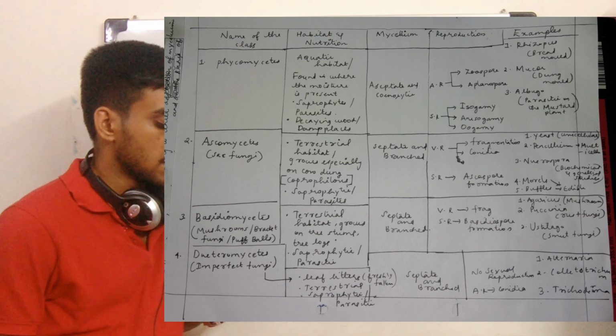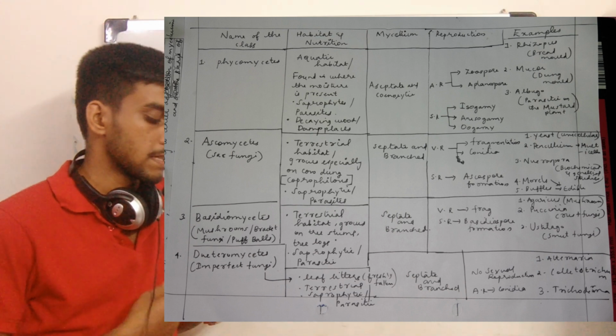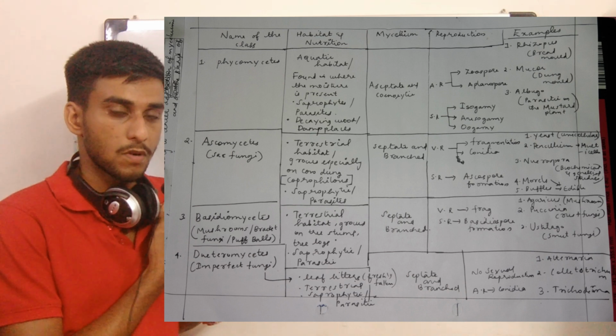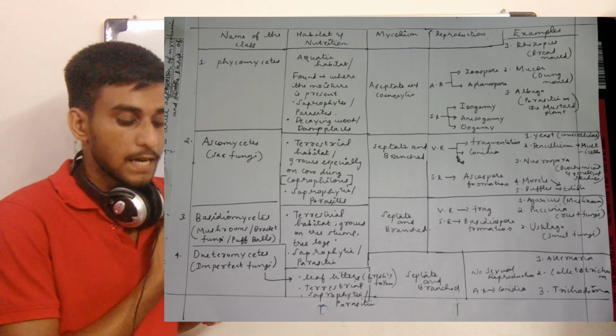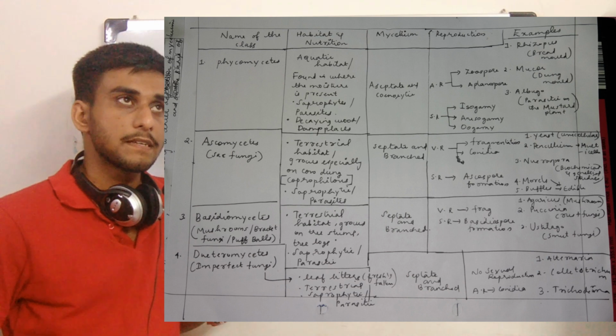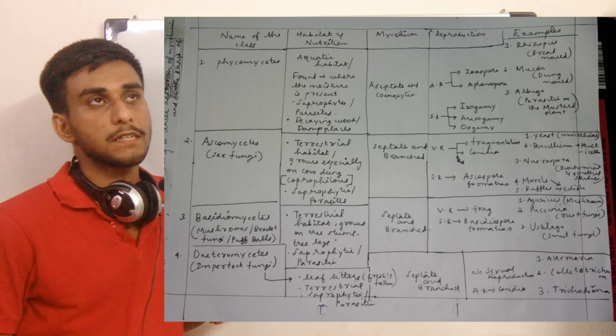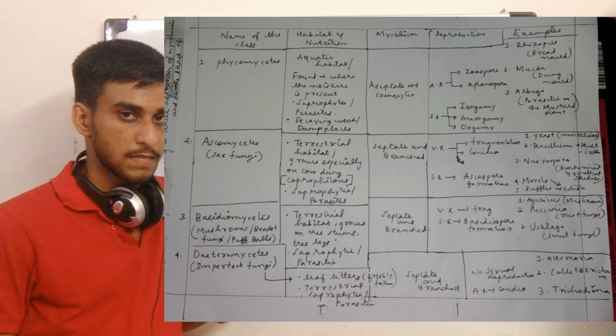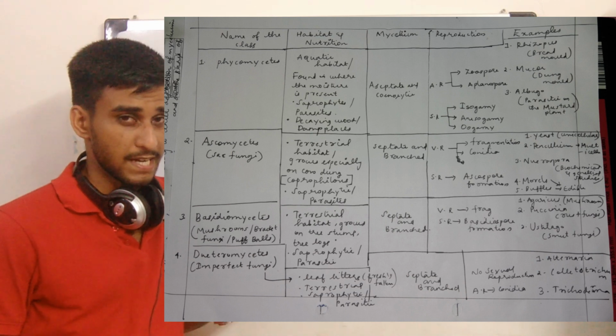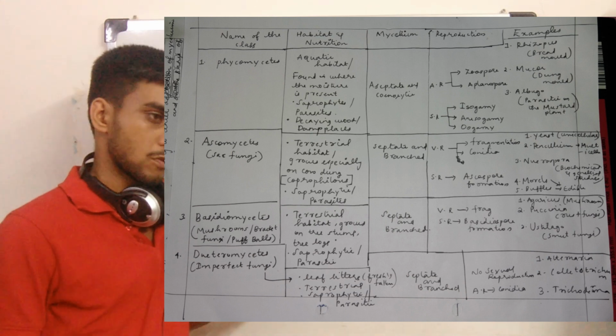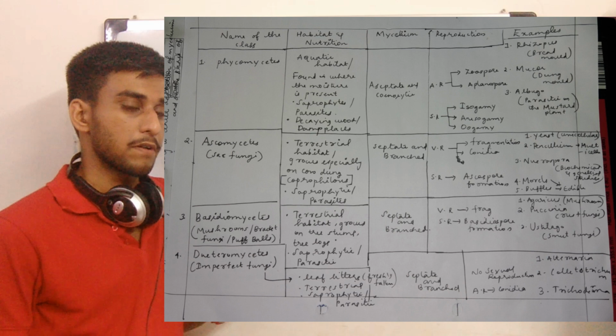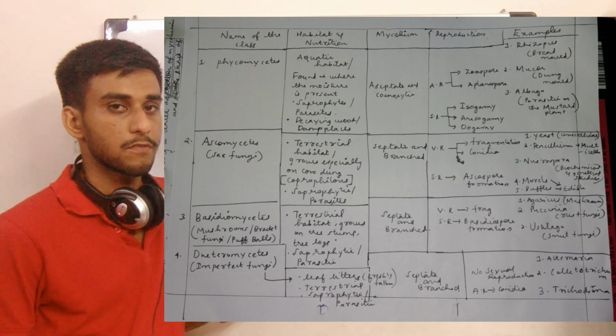Next is about the third class, which is known as Basidiomycetes, right? In this class, we can see mushrooms, the fungi which produce mushrooms. The common mushrooms which are seen in our environment, what are they?